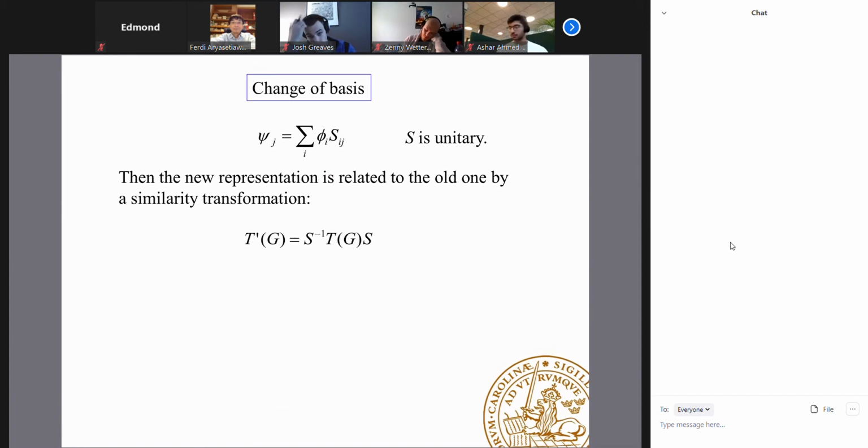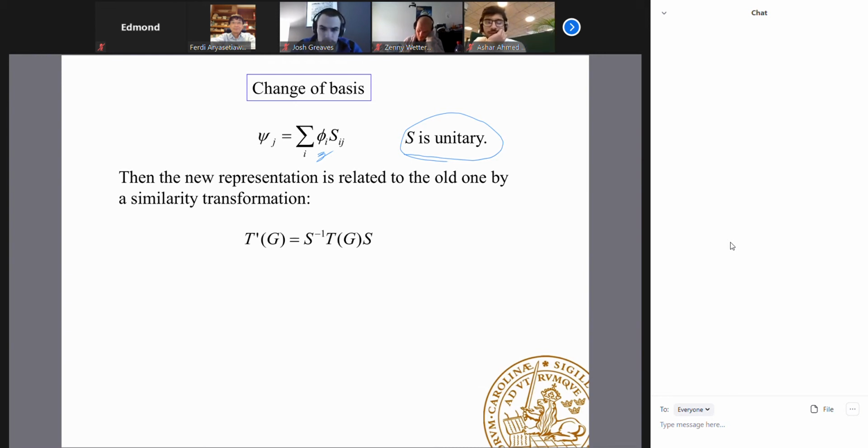Basically what we do is we rotate the Hilbert space. If you think about this, the phi_i form the Hilbert space. And the rotation, of course, has to be represented by a unitary matrix. I think this is also clear. We already know this from quantum mechanics. So I guess I can skip this part.